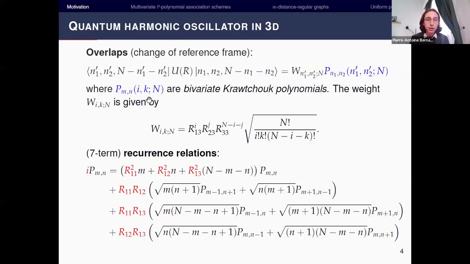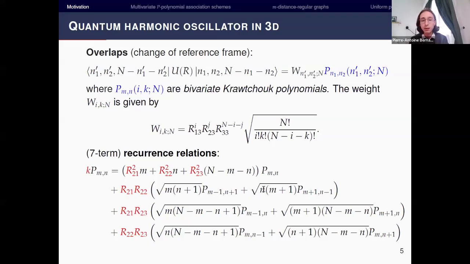Here, these polynomials in two variables, i and k, verify two different seven-term recurrence relations. If I multiply the polynomial by i, I get a combination of the other polynomials in the family, and if I multiply by k, I also get a linear combination of these polynomials. The only thing that's different are the coefficients highlighted in red.